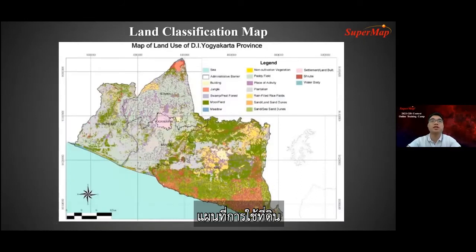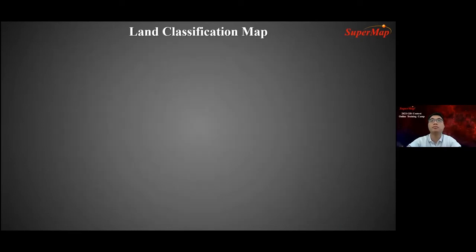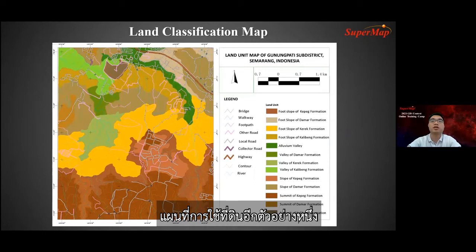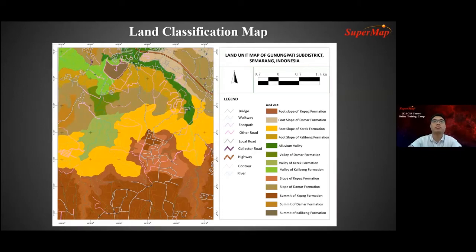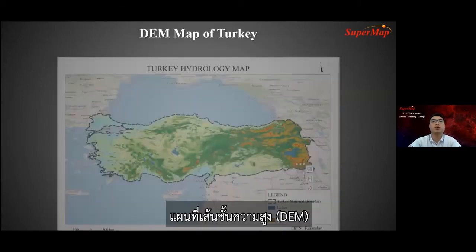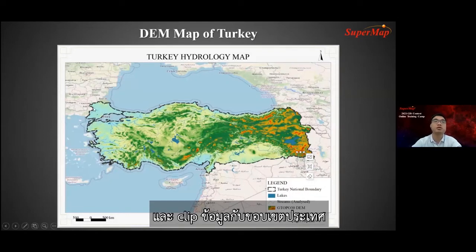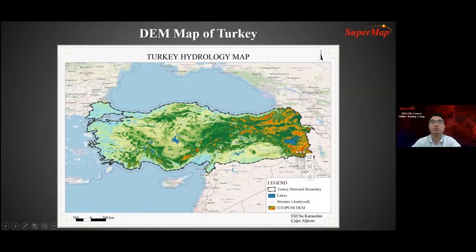And also the land classification map. Yeah, another land use map. And also the DEM map. And you can get some data from some official website. And then you can clip the DEM by the boundary of the country.